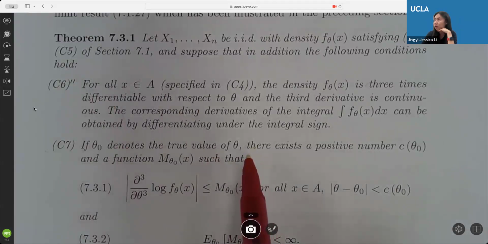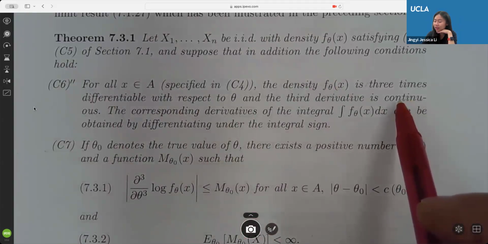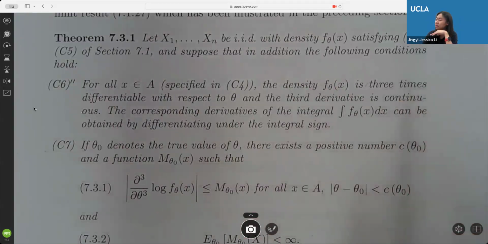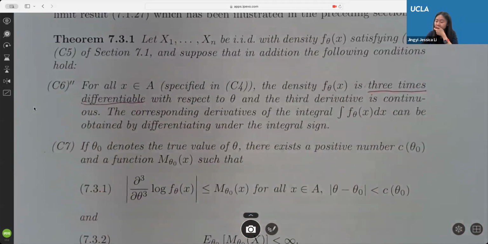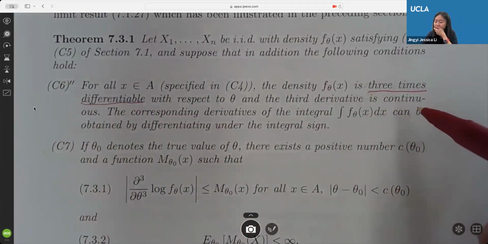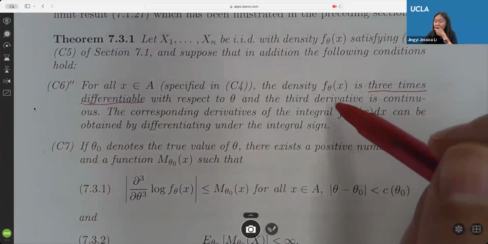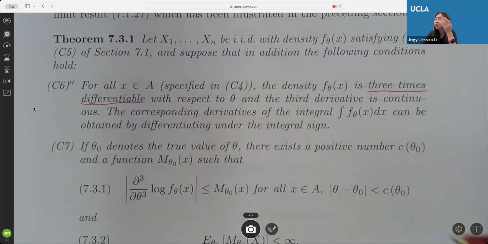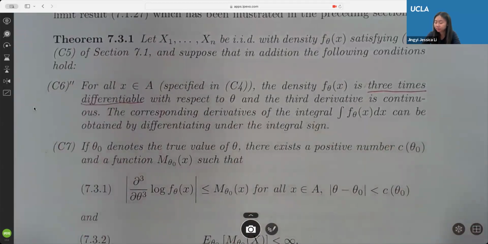This one is stronger because we are now talking about 3 times differentiable, not just the first 2 times. And the third derivative is continuous. So we now require that integration and differentiation hold for the third derivative, not just the first 2. So that's why it's C2 double prime.